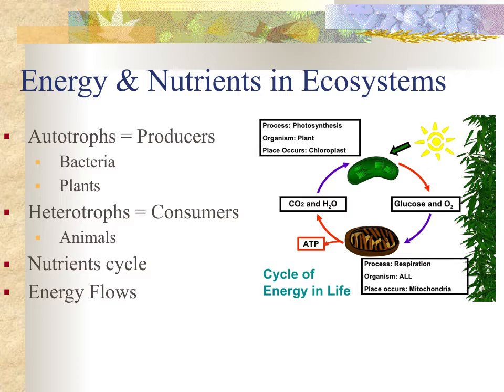Okay, and then the other part of this cycle of energy and cycle in life is aerobic respiration. And here they show mitochondria, and that takes glucose and oxygen and decomposes glucose in the presence of oxygen in the mitochondria to get that energy that was stored to make ATP.